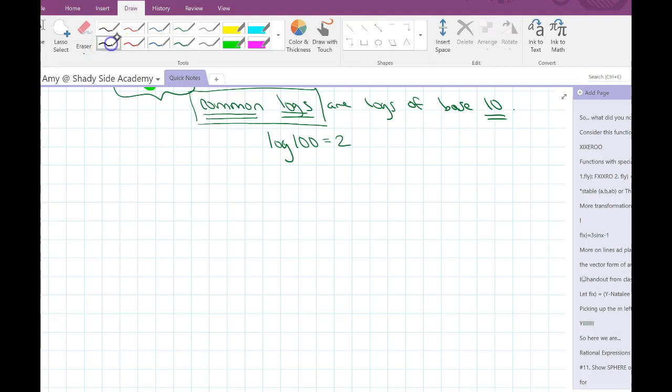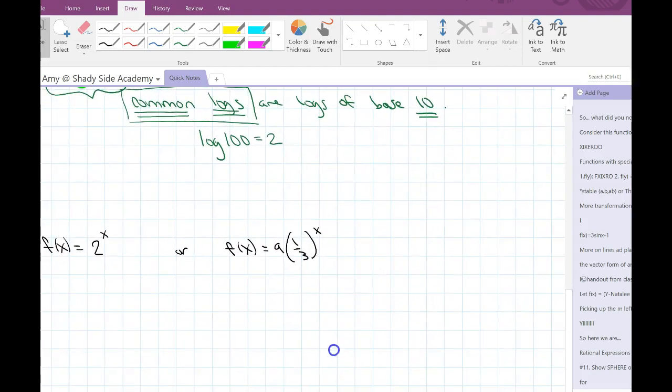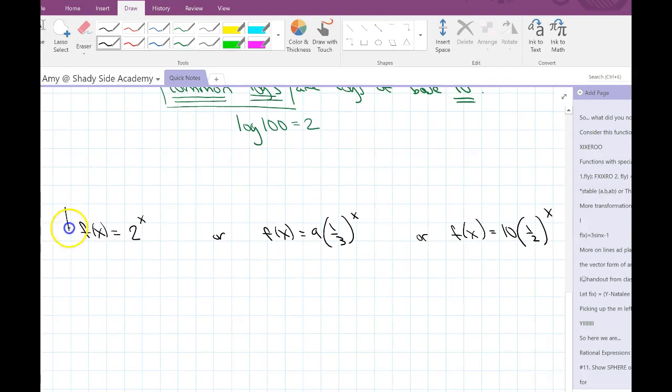But then I also want to remind you of the work we did with functions that looked like this, or functions that maybe resembled something like this. Right away, when you look at these functions, we have pretty nicely developed families of functions in our head right now.